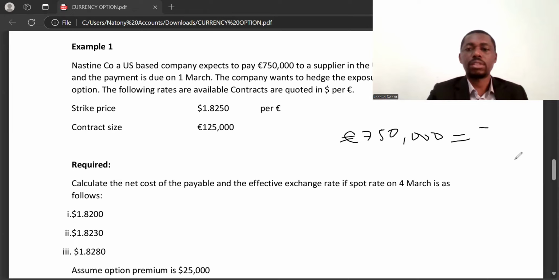This is the foreign currency. Let me give you 2 minutes to make that decision. What is the principle? What is the transaction in this context? I've given you a clue. Let me give it a minute.